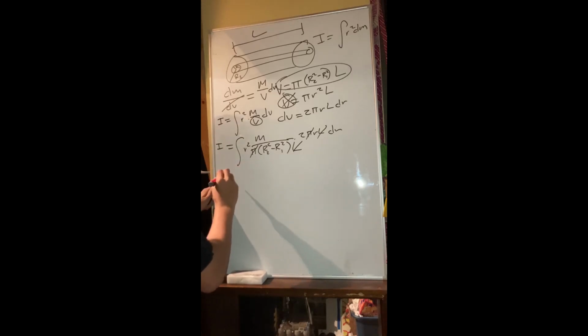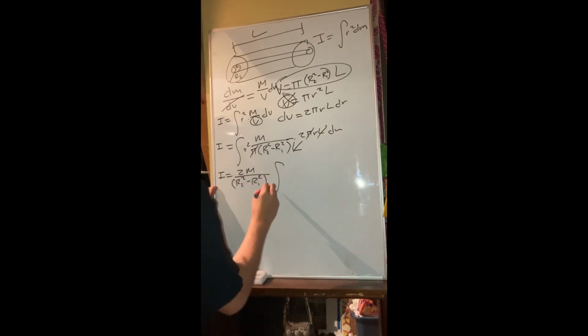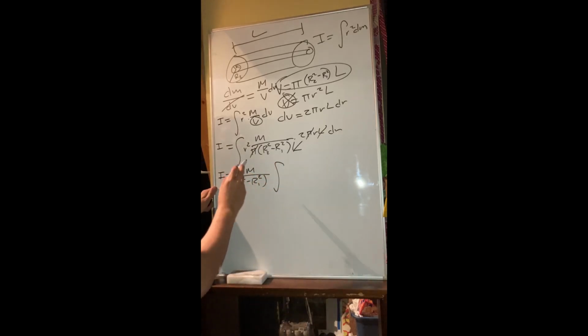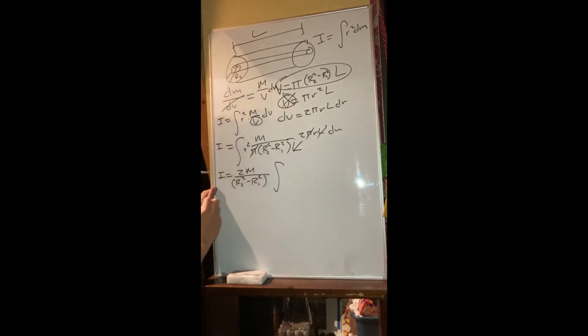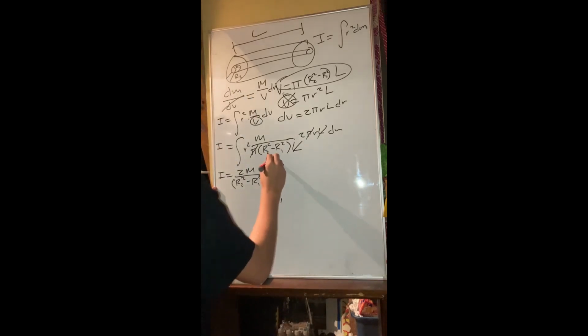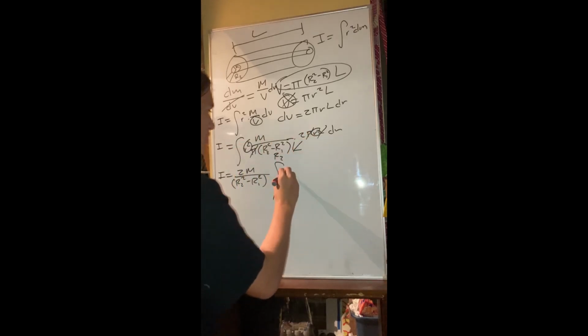So we have I equals 2m over r2 squared minus r1 squared, and then we are going to define our limits of integration. So we're integrating from R1 to R2 because we start at R1 and then we go out until our radius equals R2. So R1 to R2, and these R's combine to give us R cubed dr.